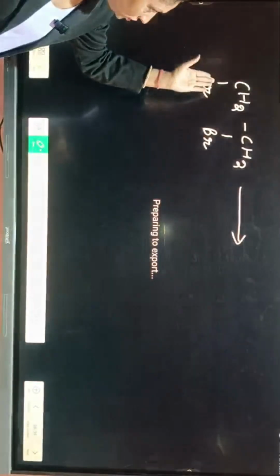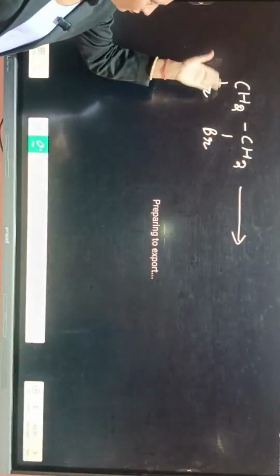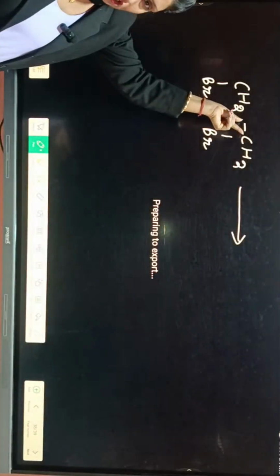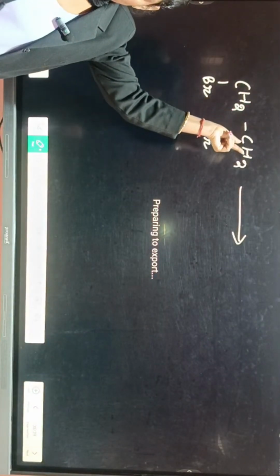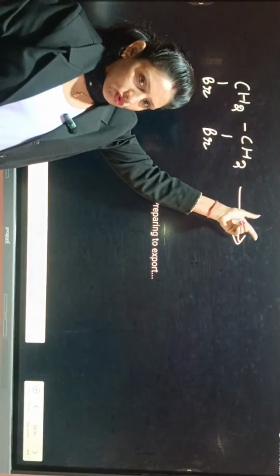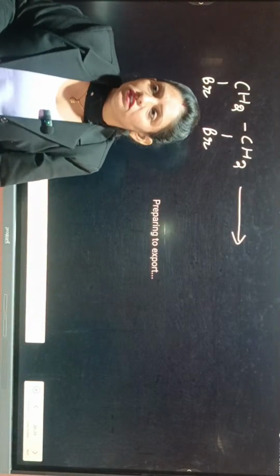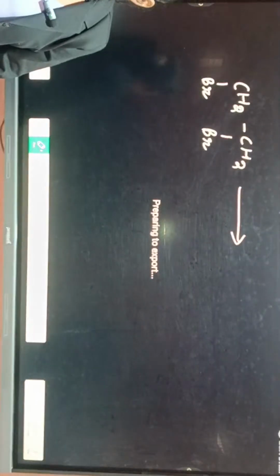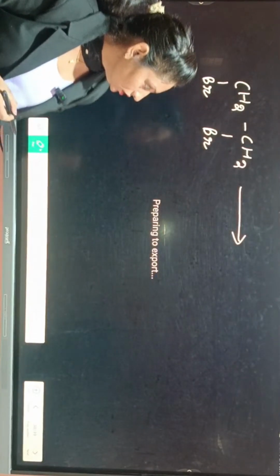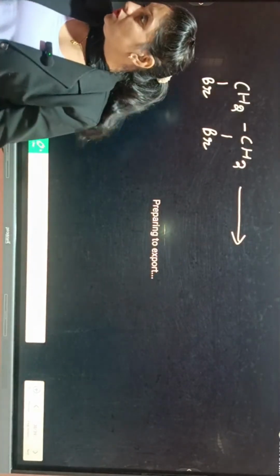So one bond we are breaking from this one, and from this one. Between these carbons we will put a double bond. And Zn and Br2 will be removed, because this reaction we are doing in presence of zinc.